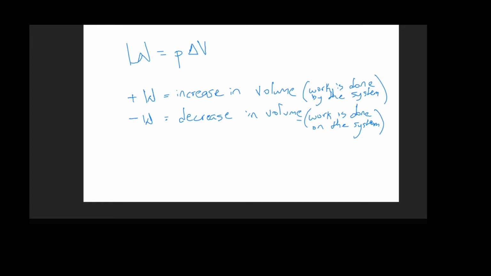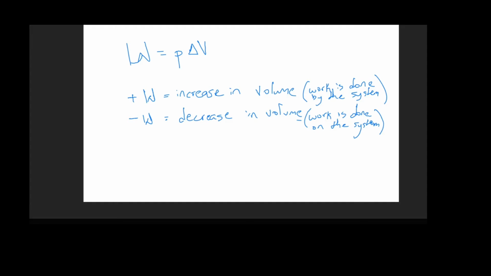But work done by the system means that the gases are now expanding, right? And on the system means that something has to be pushing down on the gases to make them come smaller, so the volume gets smaller. When it's talking about the system, the system that we're looking at is the gases.